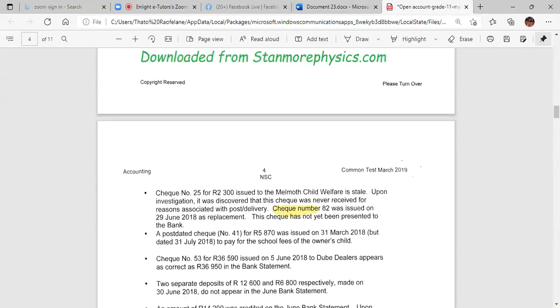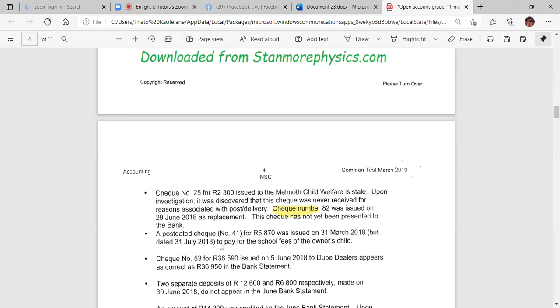And then we have a post-dated check. A post-dated check number 41 for 5,870 was issued on 31 March 2018, but dated 31 July 2018 to pay for the school fees of the owner's child. It's still outstanding. This check was recorded on the 31st of March 2018.